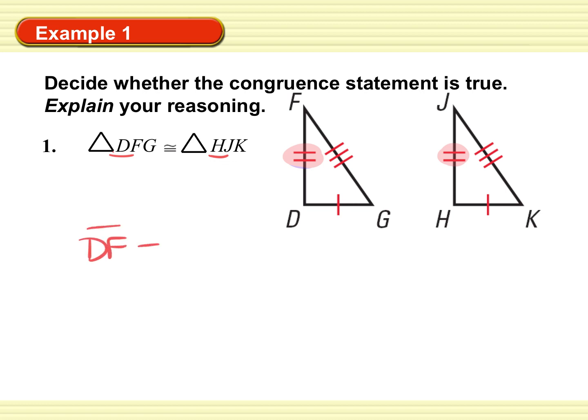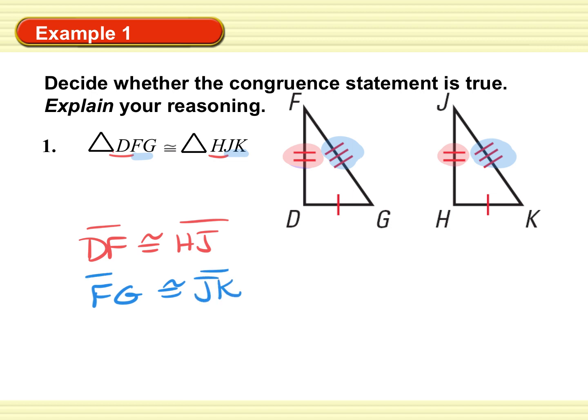If it asks you to list the corresponding parts, this is what you would list. Then if I go to the next two, that's going to be the FG, and it's going to match with the JK. So the FG has the 3 lines, and so does the JK. So that matches as well. So I can go ahead and say FG, congruent to JK.